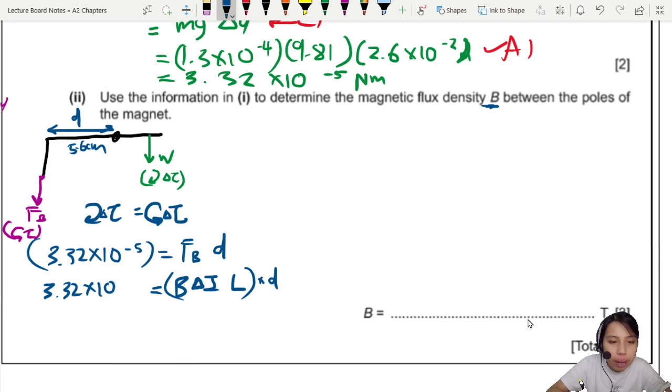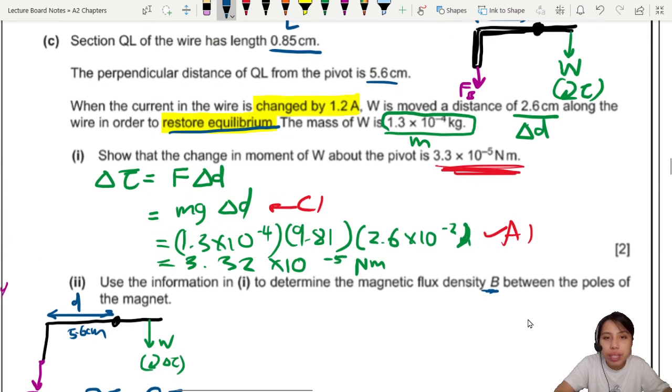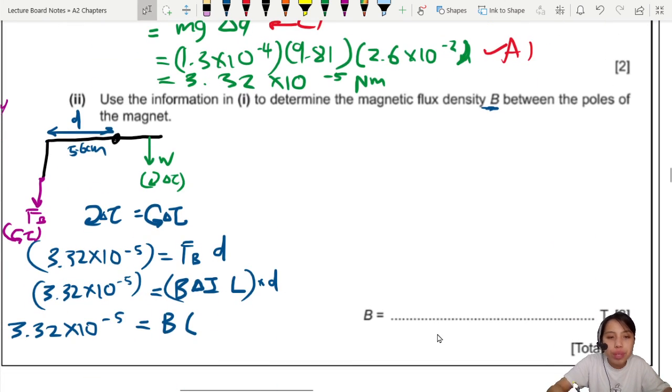Okay, last step, plug in everything you know to find B. So here I'll just write it one more time. Equals to B, I don't know what that is. Current increased by a certain value, 1.2 amps right there. So 1.2 amps, I'm going to write that down. That's a change in current.